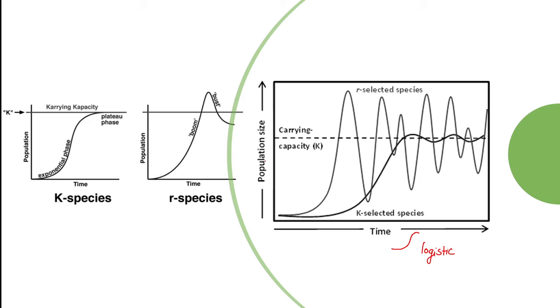But in case of species which live in unstable environment, here what happens, they always have to suffer. In this figure you can see the number of population increases very rapidly within a shorter period of time, but at the same time there is very rapid decline also.